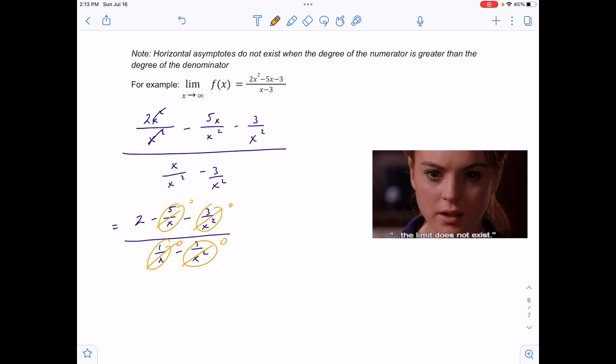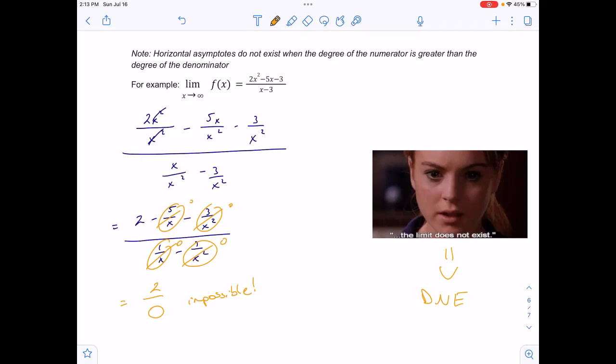Because my denominator is going to get really, really, really big. And so my answer here is going to be 2 over 0. Which is impossible. And so when this happens, we get the famous line from Mean Girls, the limit does not exist. And we write DNE when that is the case.